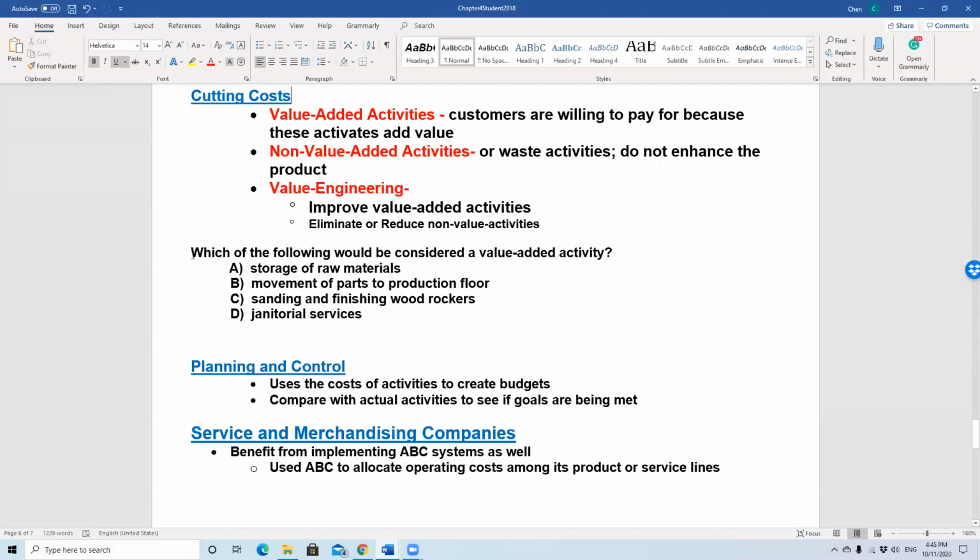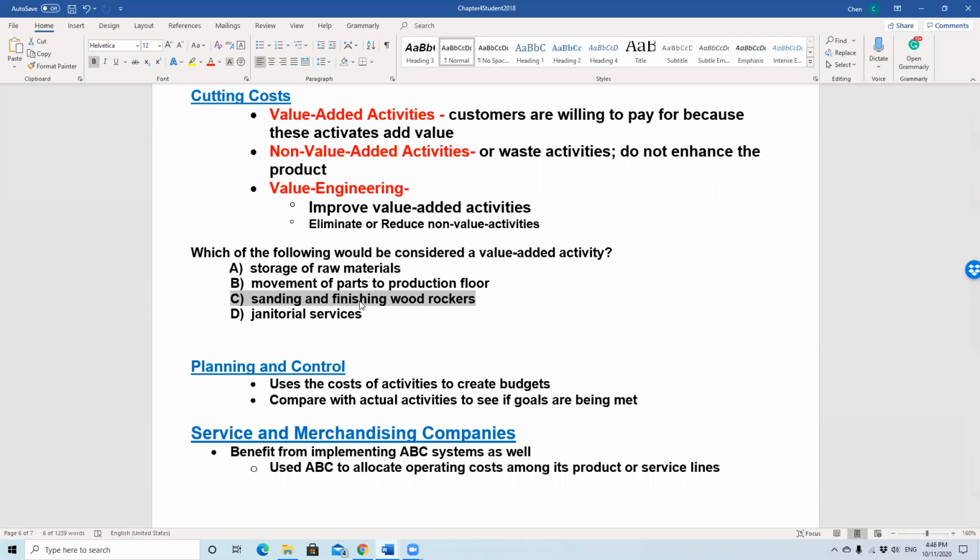This is an example. Which of the following would be considered a value-added activity? A, storage for raw materials. B, movement of parts to the production floor. C, sanding and finishing wood rockers. And D, janitorial services. Which one do you think? Yes, the answer is C, sanding and finishing wood rockers, because this adds value to your finished products.